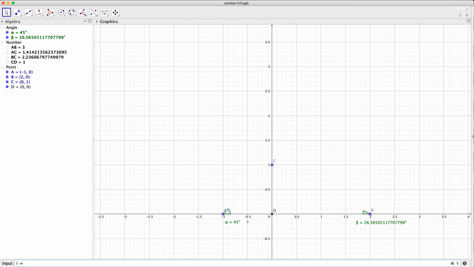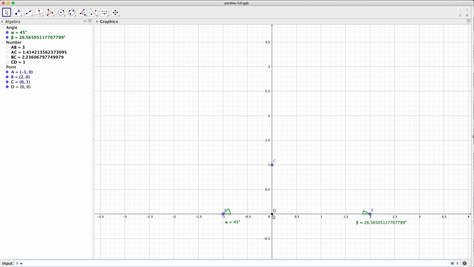So there's a function called tangent. There's an angle alpha that you plug into the tangent function. It gives you the ratio of this height here, CD, to the length AD. And then it also gives you the tangent of beta, gives you the height CD again, and the length DB.